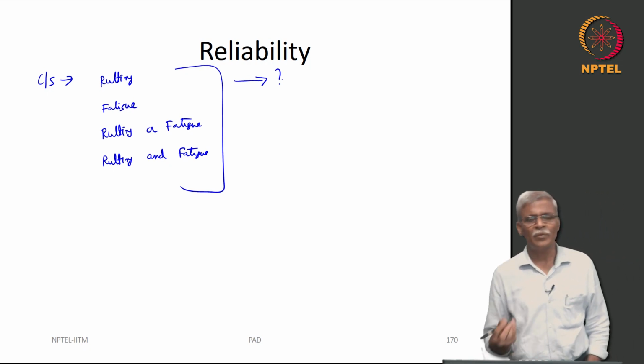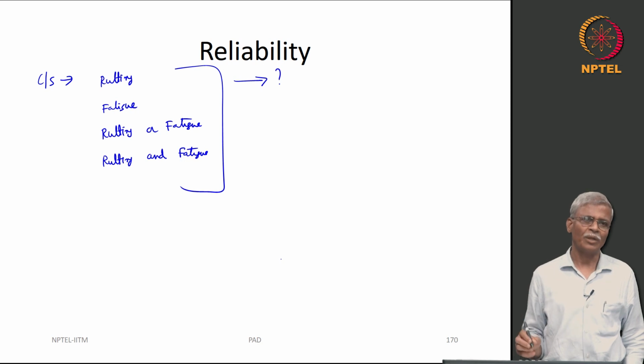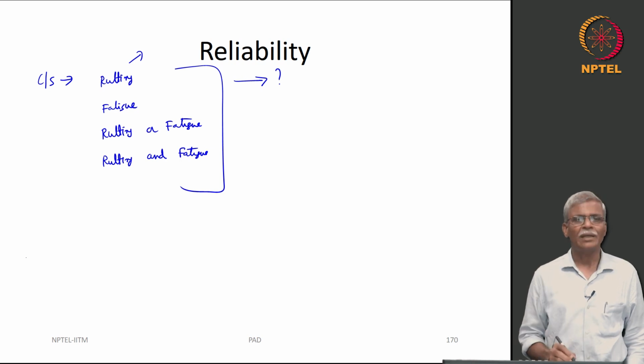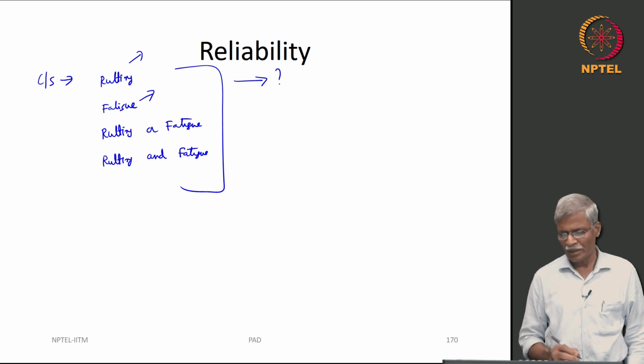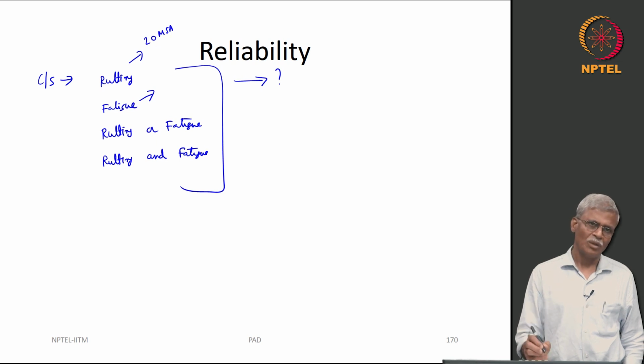So, that means you are given a cross section, you apply the appropriate load, compute the strain, compute what is the estimate related to rutting, what is the estimate related to fatigue. So, let us say, I will talk in terms of million standard axle load, 20 MSA, let us say this will fail in 25 MSA.